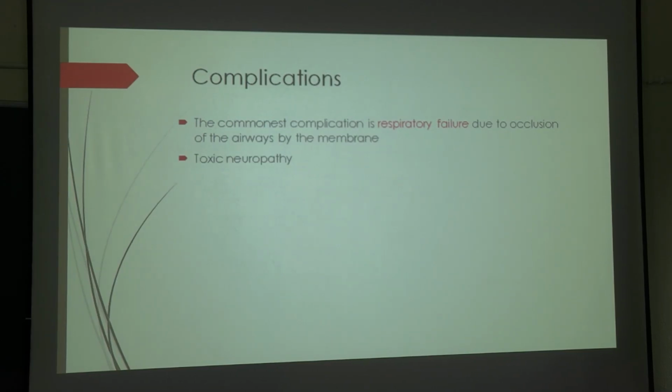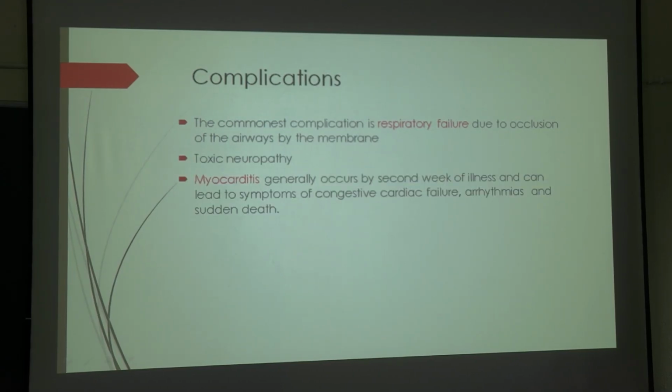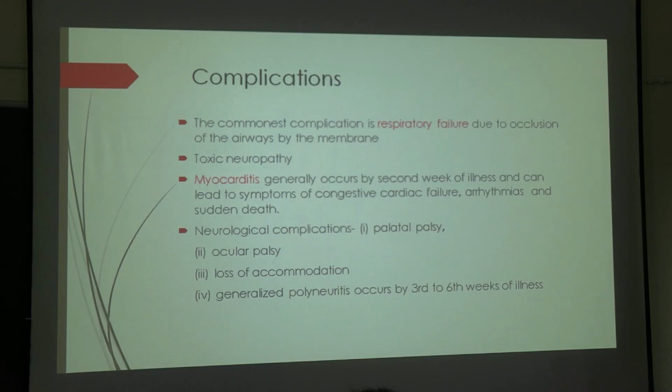It can cause neuropathy and myocarditis, which I mentioned, that occurs by the second week of illness and can lead to symptoms of congestive cardiac failure, arrhythmia and sudden death. Neurological complications can cause palatal palsy, ocular palsy, loss of accommodation and generalized polyneuritis that occurs by the 3rd to 6th week of illness, right?